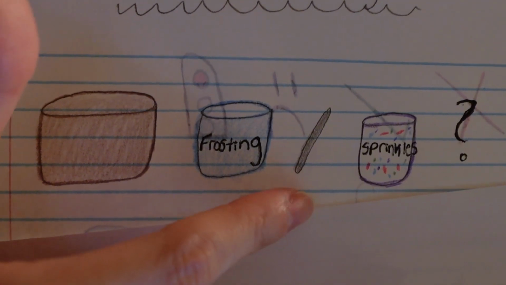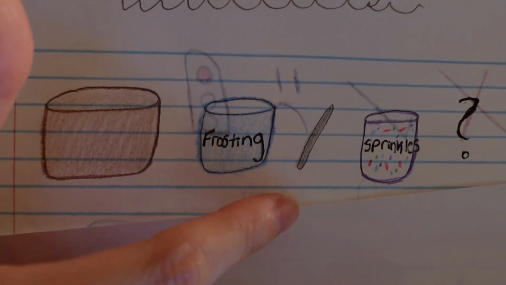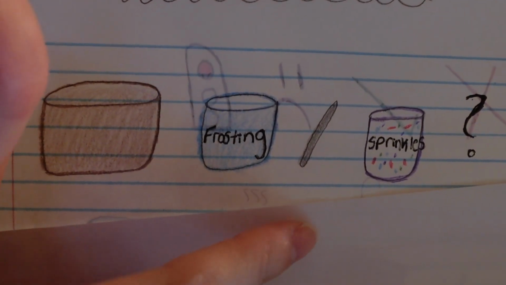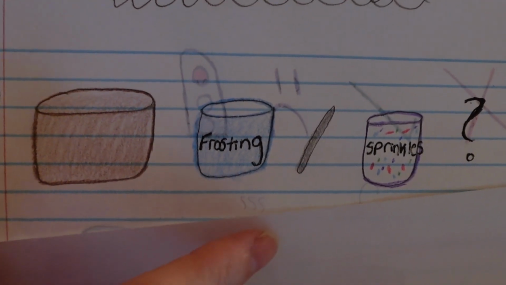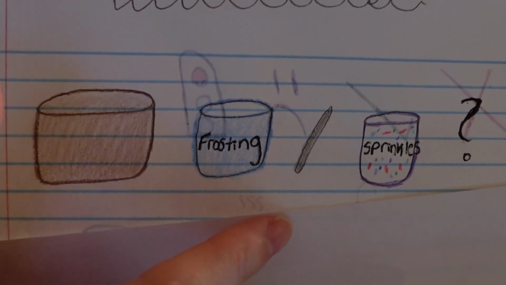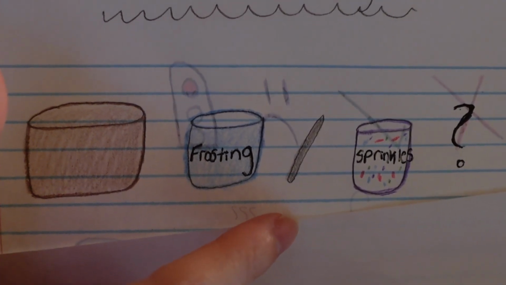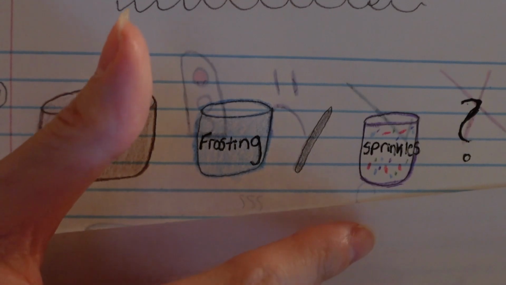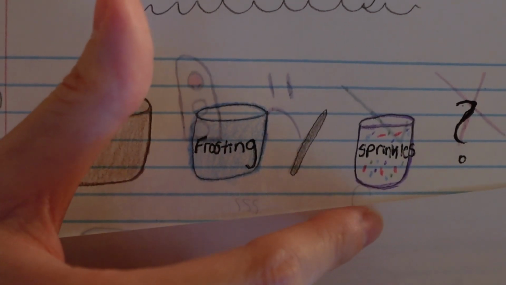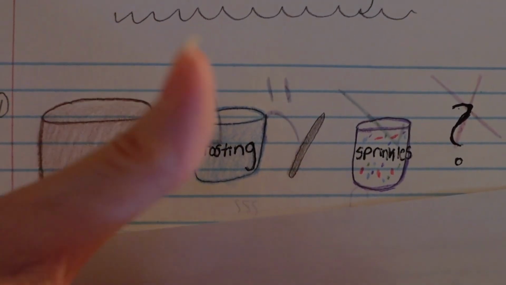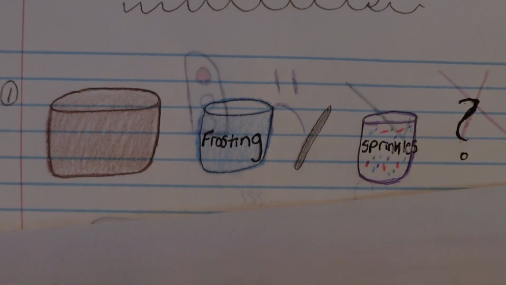This is meant to be the knife to spread the frosting, but I gave up while I was drawing it, because it was very difficult and it didn't look good. So this is what we ended up with. Sprinkles. And what's missing?